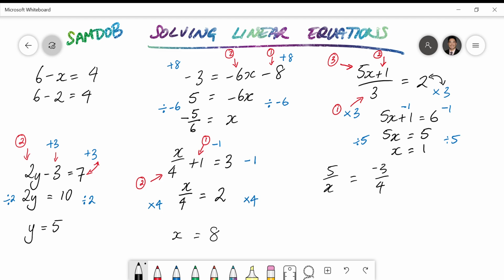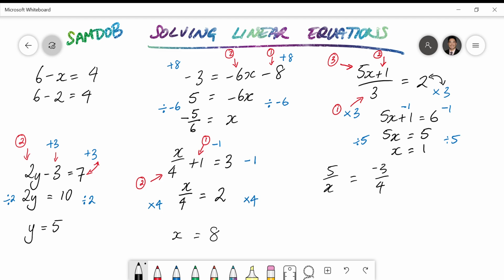Okay. Our last equation here, we have 5 over x is equal to minus 3 over 4. And we've got 2 fractions. I don't want you to get too overwhelmed by this. You've dealt with fractions before, and so the process here isn't any different. It's just making sure you know what to do first and what to do next.